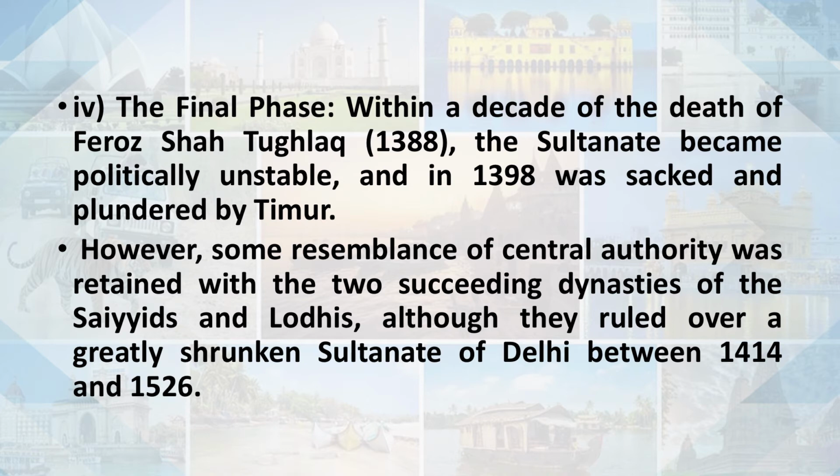However, some semblance of central authority was retained with the two succeeding dynasties of the Sayyids and the Lodhis, although they ruled over a greatly shrunken Sultanate of Delhi between 1414 and 1526. A larger number of tombs were built in and around Delhi, so much so that over a period of time the area around Delhi looked like a sprawling Qabristan.